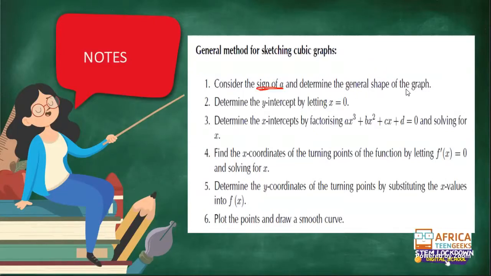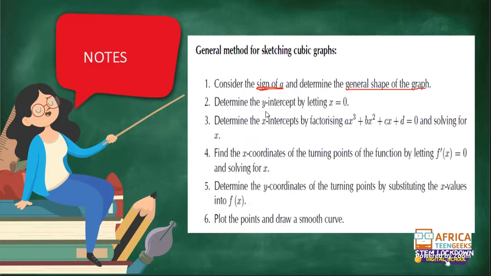And then we will determine our y-intercept. I hope you still remember that when we want to find our y-intercept, we let x equal 0.